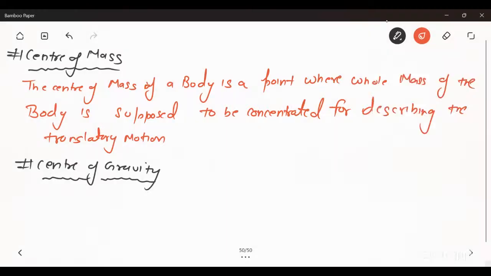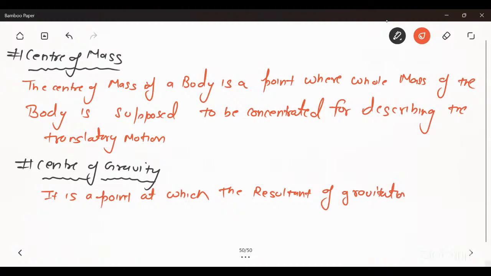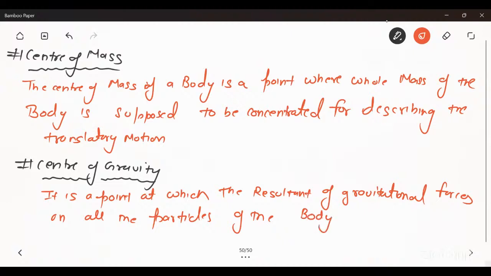So the center of gravity is a point at which the resultant of the gravitational forces on all the particles of the body acts.